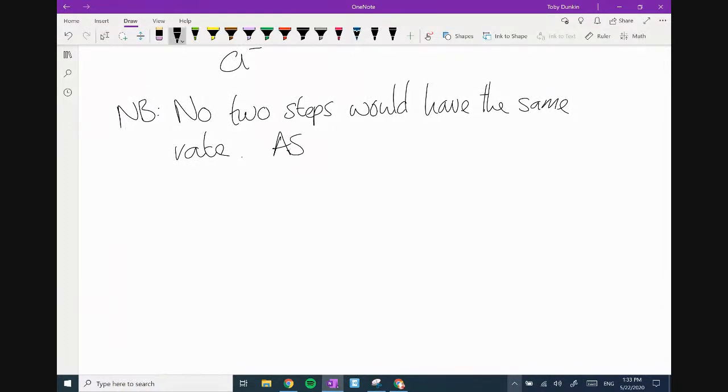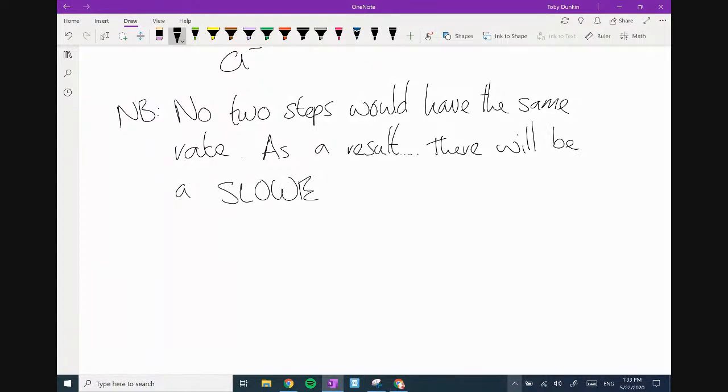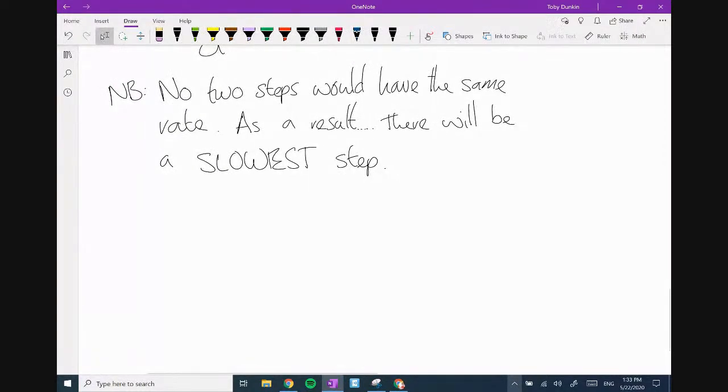What that means is, as a result, no 2 steps have the same rate. As a result, there will be a slowest step. Because of that inevitability, if I had a reaction, let's keep it simple.